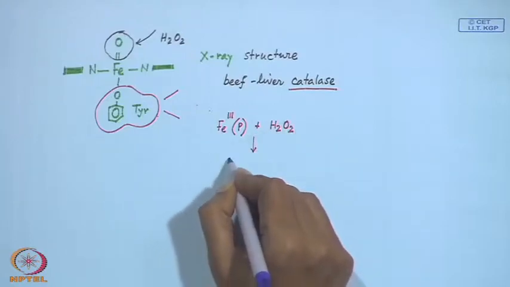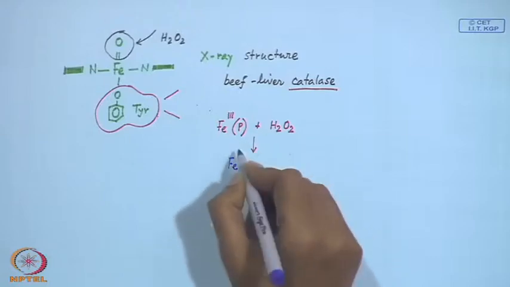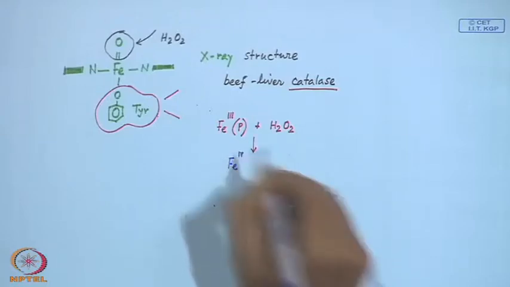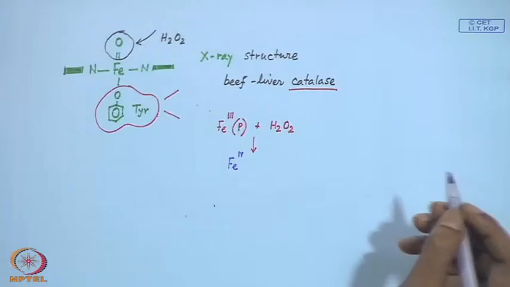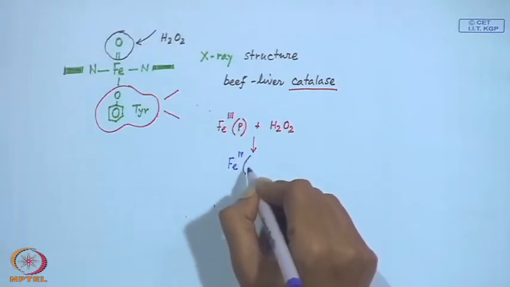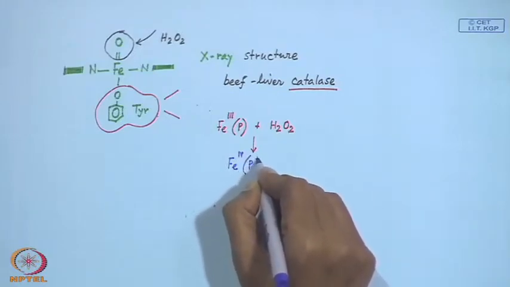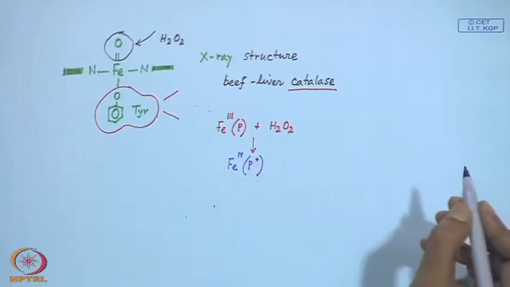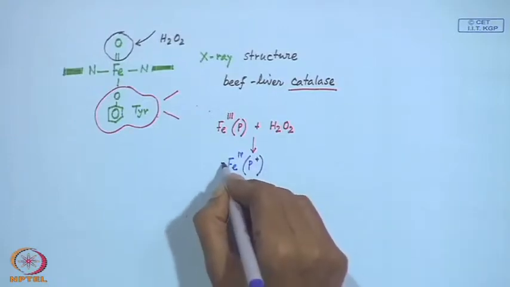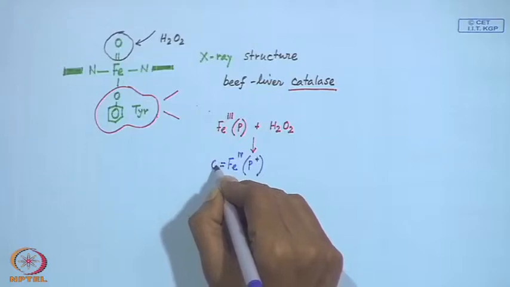So, it gives Fe in the +4 oxidation state, and now your site is oxidized for the porphyrin, and you have this oxo.